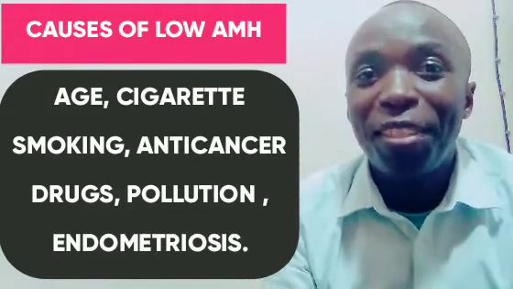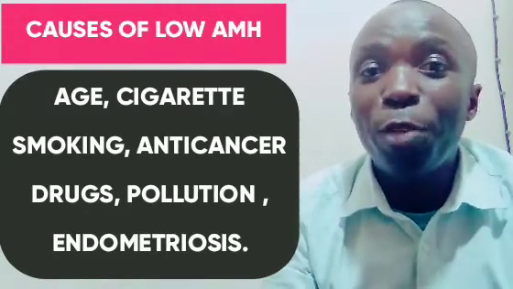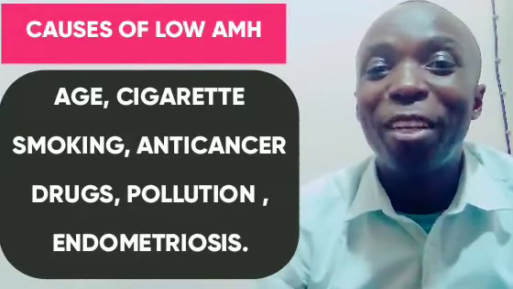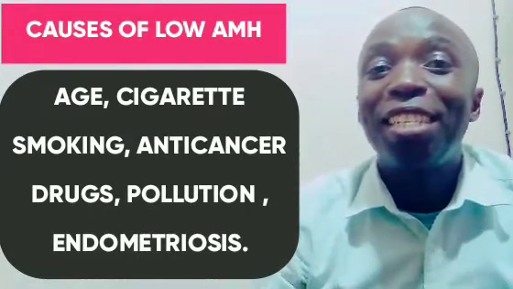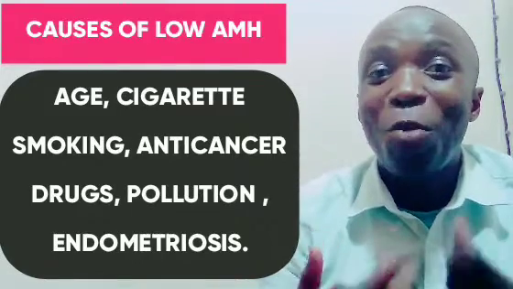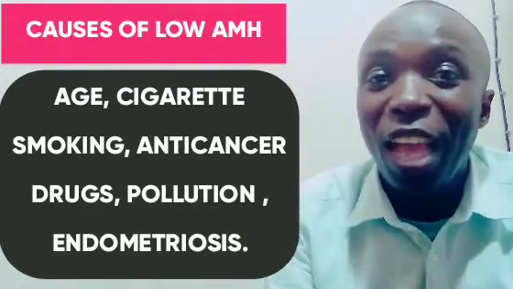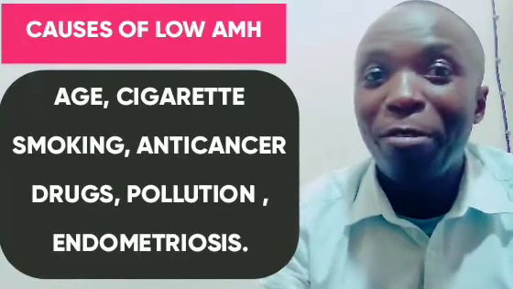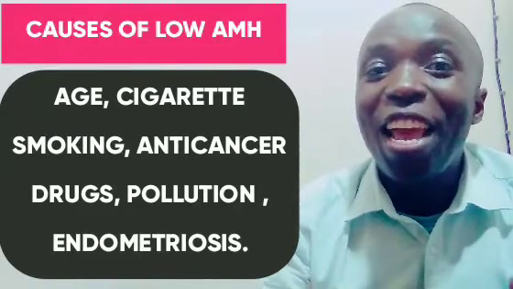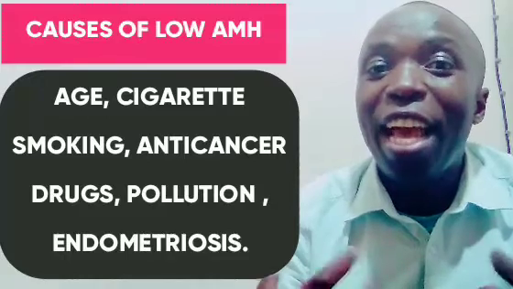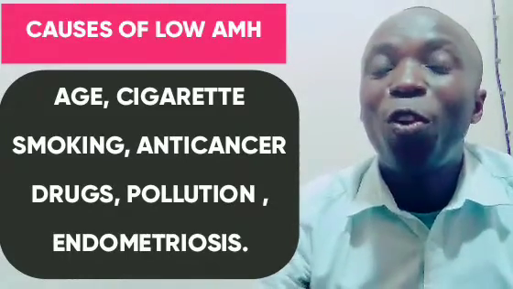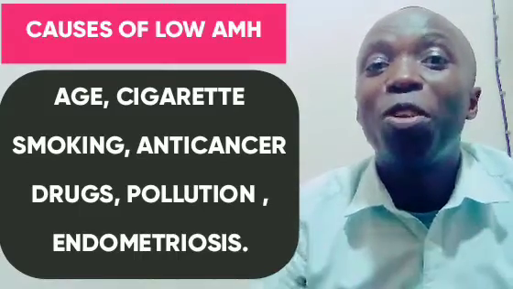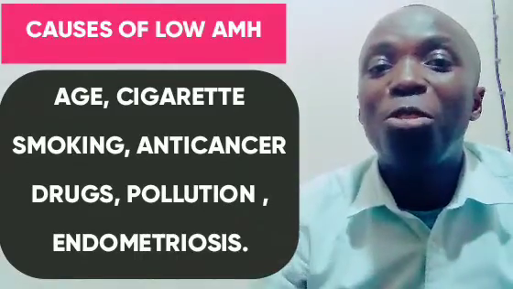We know that when a girl is born, she's born with many eggs. We call them follicles. But as a woman grows and ages, as she reaches the age of 40, 45 and above, the anti-Mullerian hormonal levels, or the quality of a woman's eggs, tend to deteriorate. It tends to reduce.